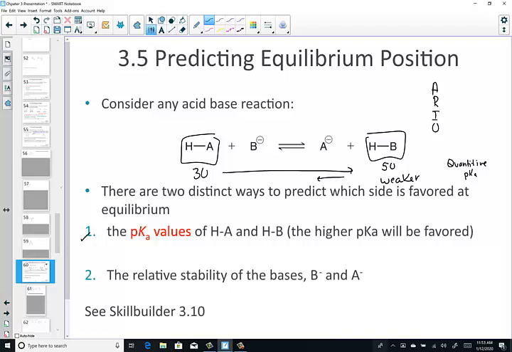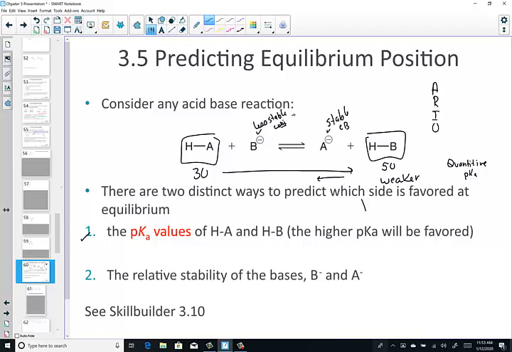And then you can think of the relative stability of the bases, their conjugate base, B negative or A negative, knowing that the more stable the conjugate base, the stronger the acid is. So this must be a more stable conjugate base, less stable conjugate base.